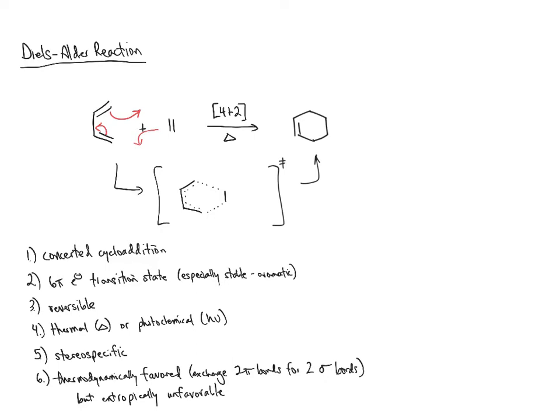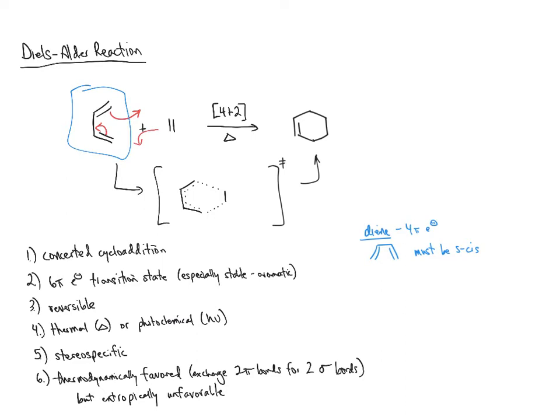Now we have 2 different reacting partners for the Diels Alder reaction. The first reaction partner is the diene, and so the diene has a structure somewhat like this. The diene is 4 pi electrons, and that diene needs to adopt the S-cis conformation. So it must be able to adopt the S-cis in order for it to react.